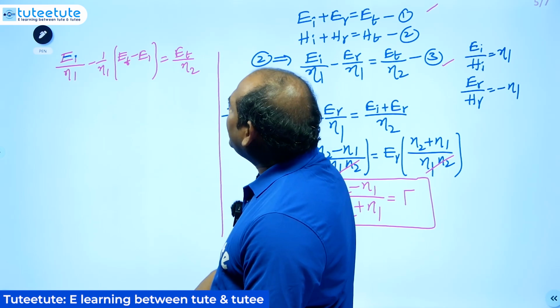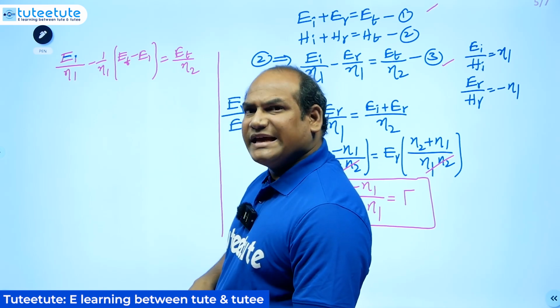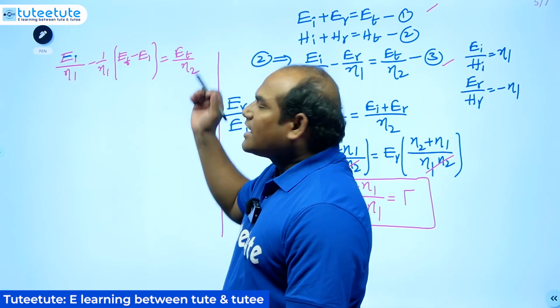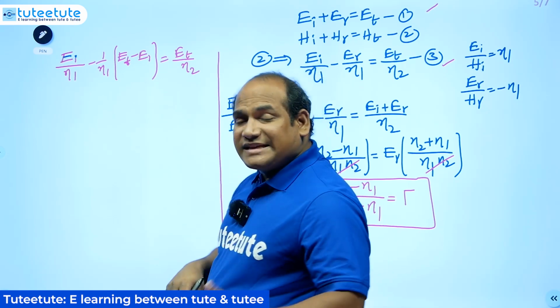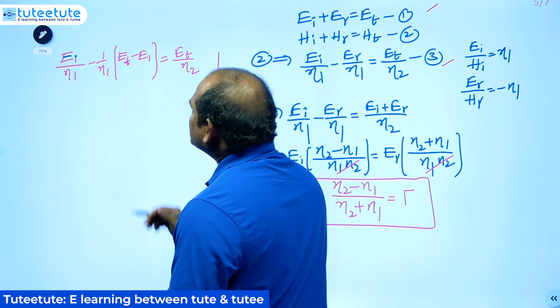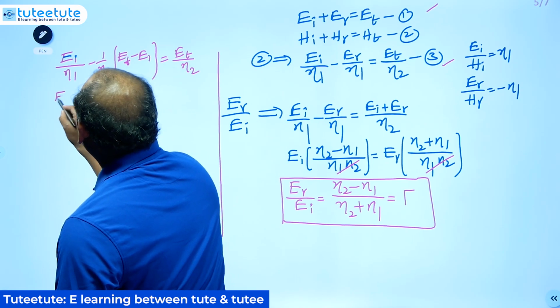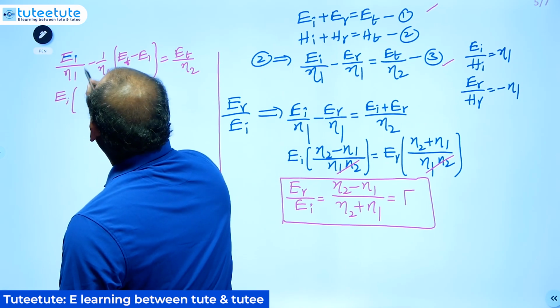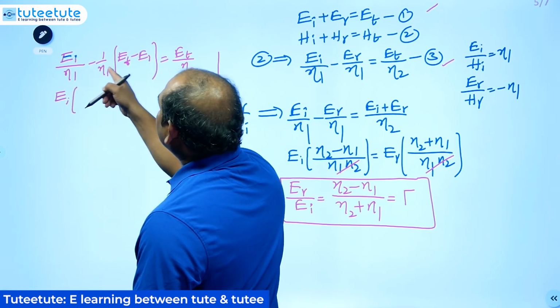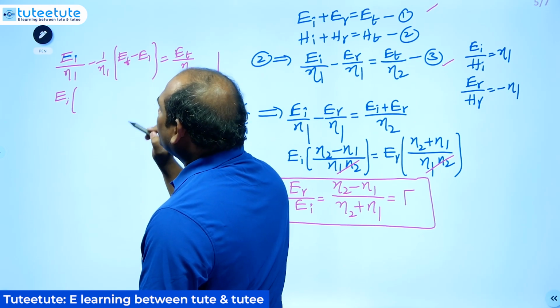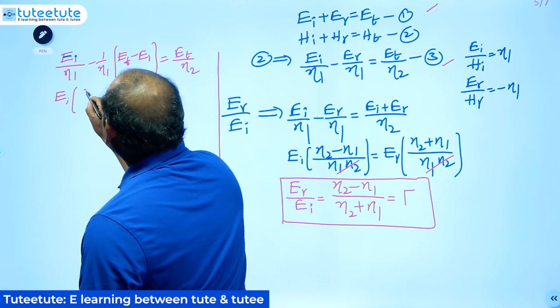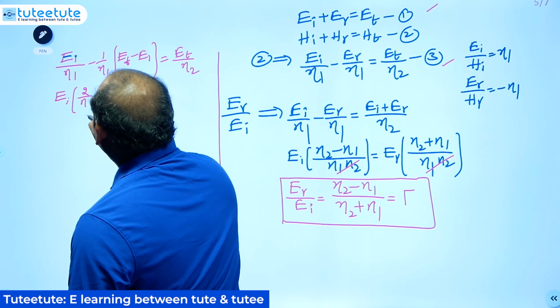Wherever EI terms are there, you write them in one place and take EI common, and ET also you can take common and get the ratio of ET and EI. So first I will write here about EI. EI I am taking common. So 1 by eta 1, and here also you are getting minus into minus is plus, so you will get 1 by eta 1. So 2 by eta 1 we will get.